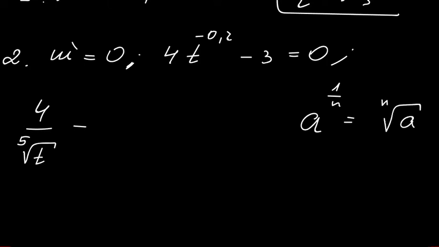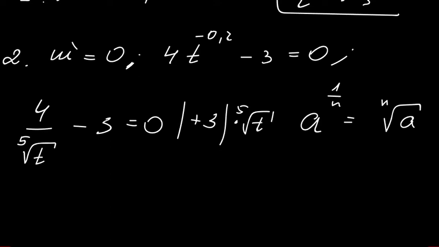So minus 3 is equal to 0. Now let's move this 3 to the other side, so plus 3, and also let's multiply it by the fifth root of t.